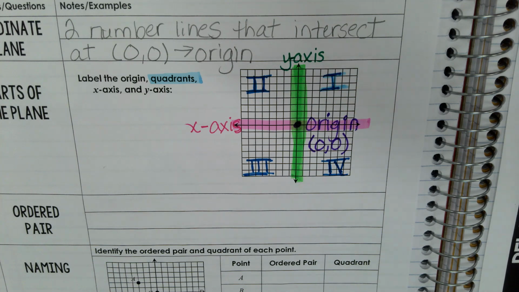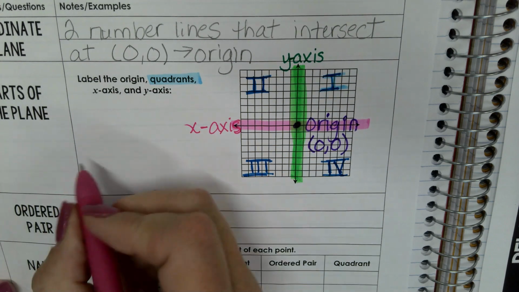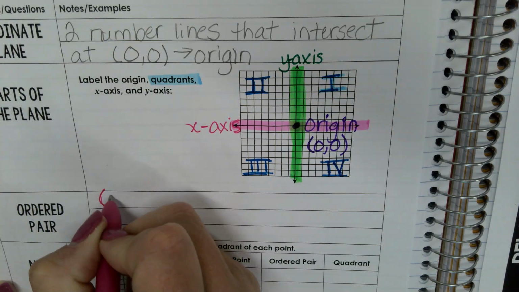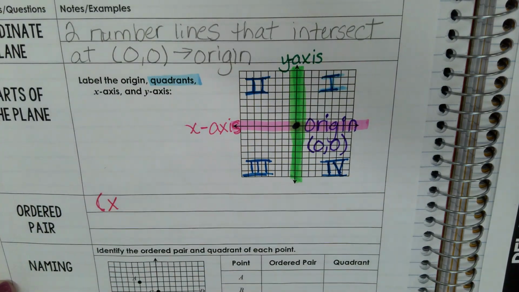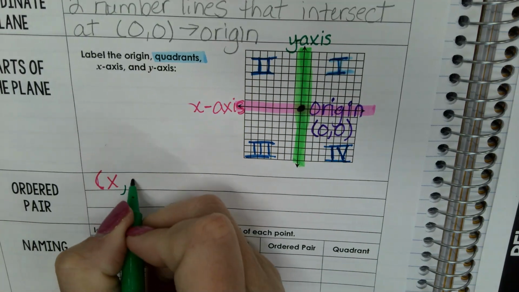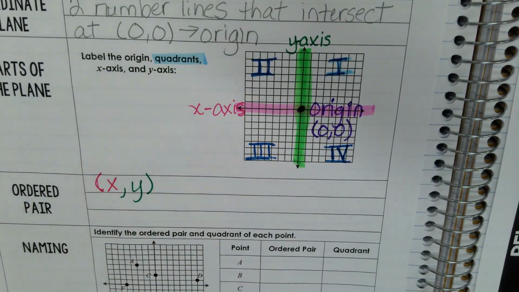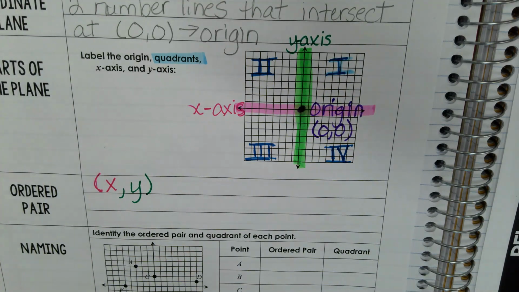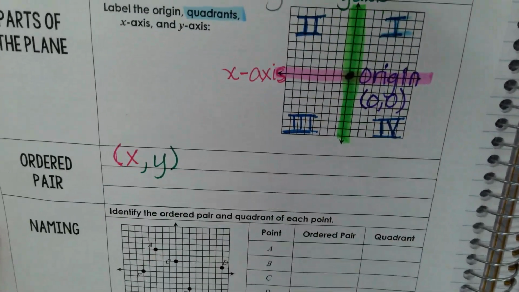All right, next. An ordered pair. What does it look like? All right, so an ordered pair starts with our x direction, and then our y direction. So it's like the alphabet. X comes before y in the alphabet.